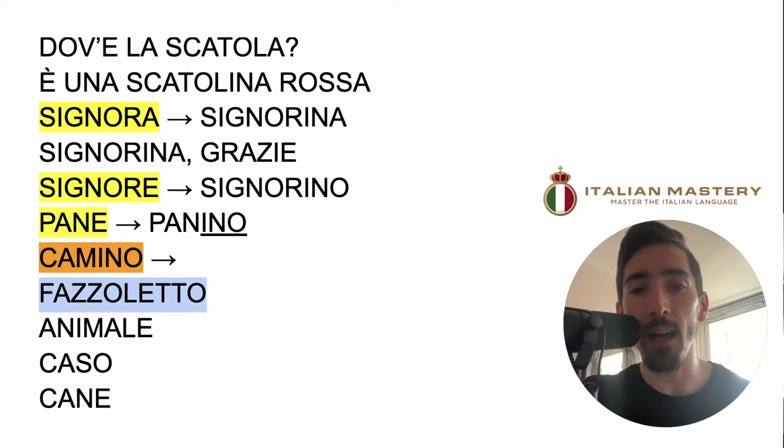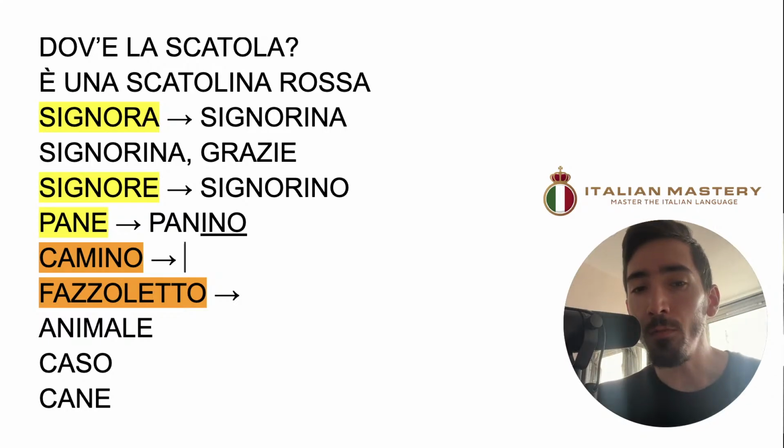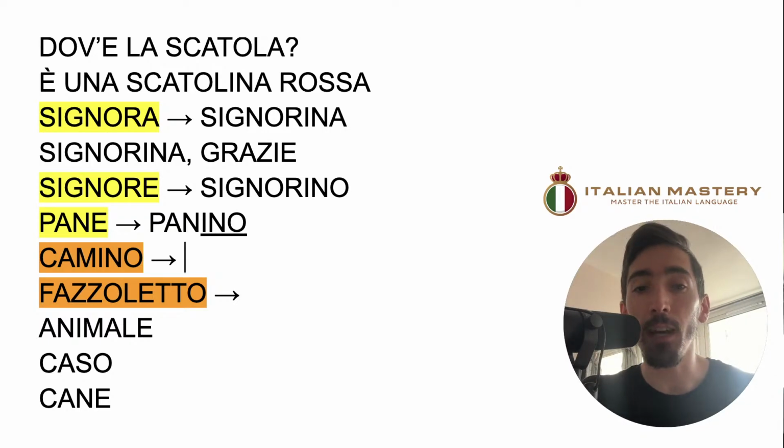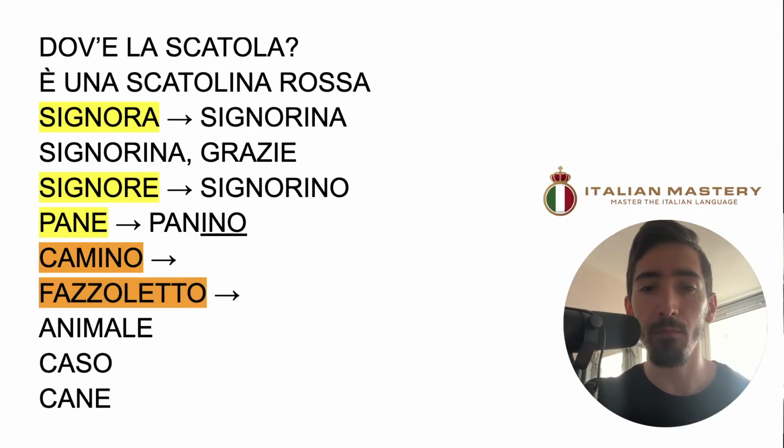And the same as the one below. They have the same issue. So try and think about the correct form for both of these. Camino, and I can tell you, camino means chimney. And fazzoletto means napkin. So, yeah.